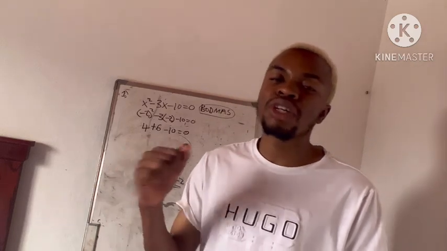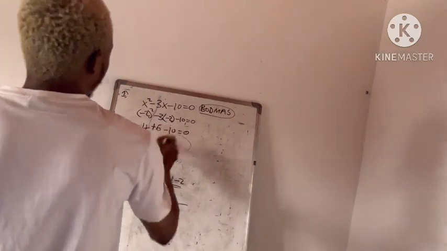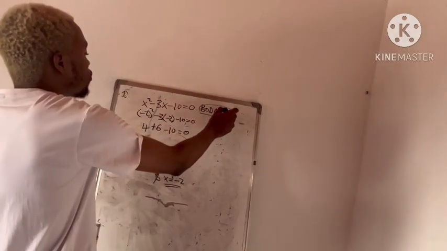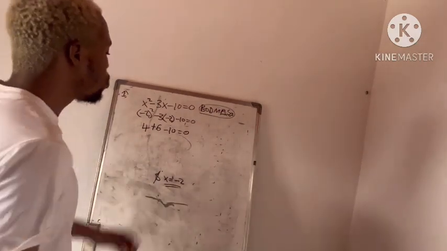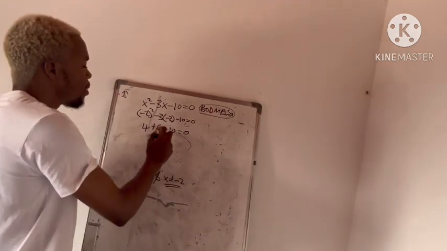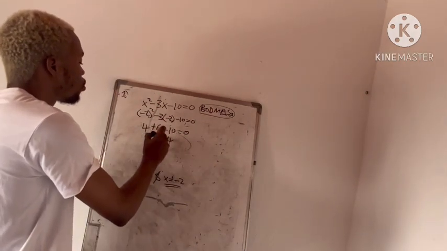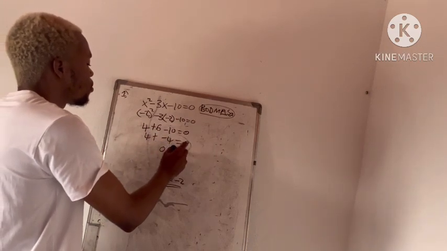For example, looking at what is on the board, here you have 4 plus 6 minus 10 equal to 0. BODMAS tells us that you start with addition first before you go on to subtraction. If I decide to go on with subtraction, 6 minus 10, I'm going to have minus 4, and 4 plus minus 4 will give you 0, which is still the same as 0.